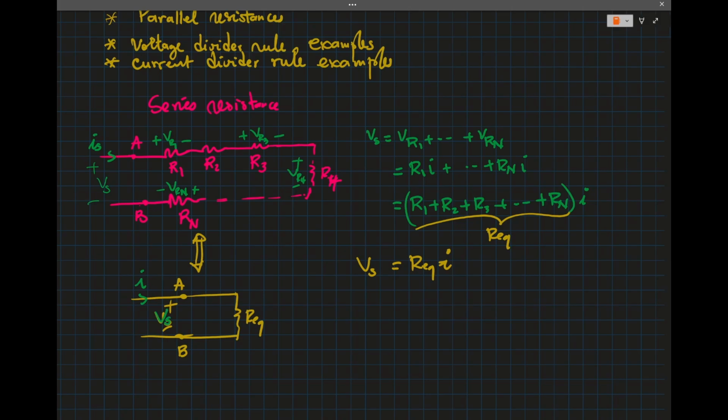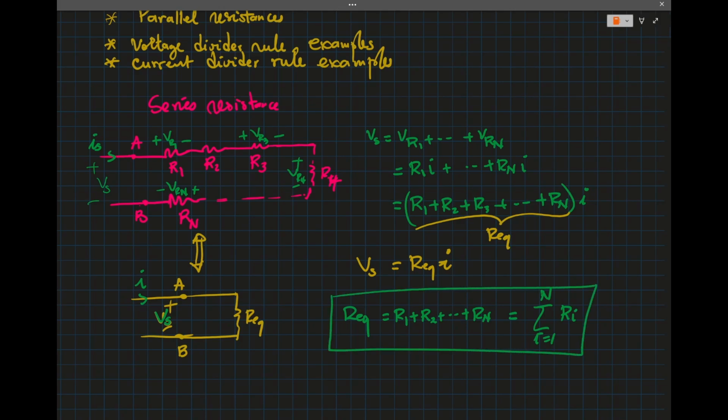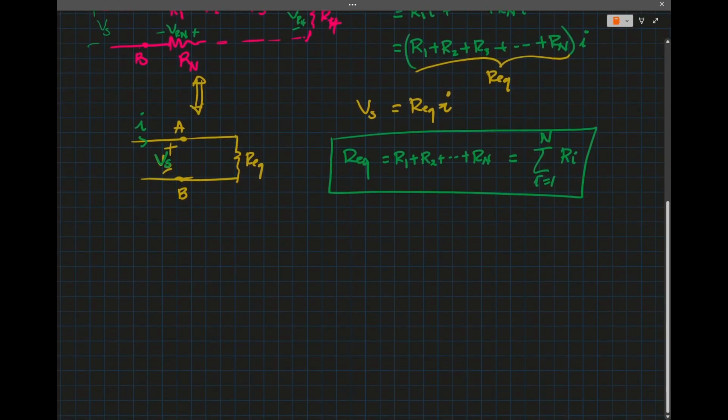So R equivalent for series is just R1 plus R2 plus Rn. The shorthand notation is the sum for i equal to 1 to n of Ri. We did derive this in the previous video.